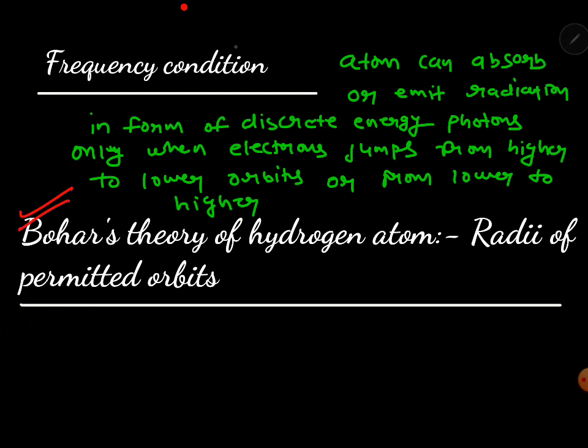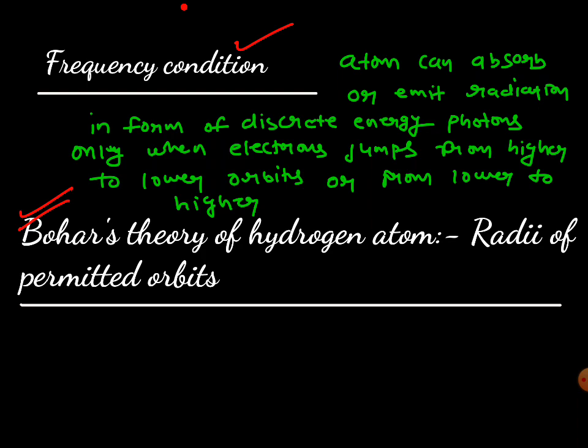Also, the frequency condition: he said that the atom can absorb or emit energy. When the atom absorbs energy, the electron moves from the lower energy orbit to the higher energy orbit.